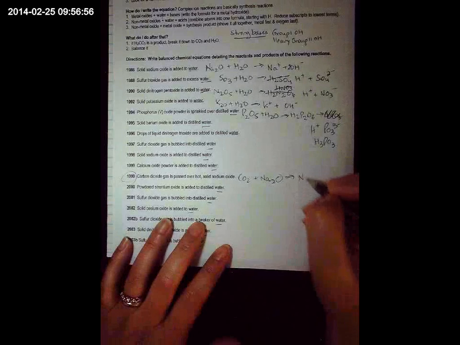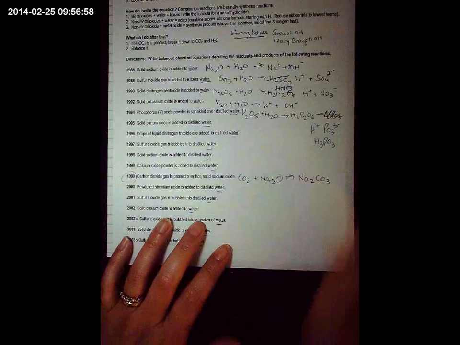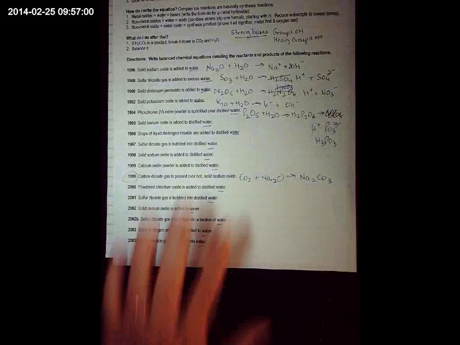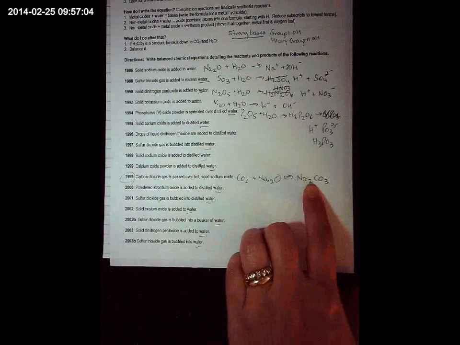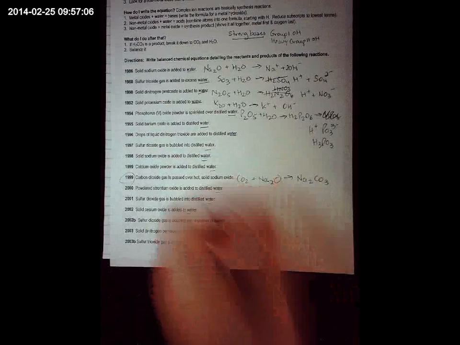Would we end up with sodium carbonate? Is sodium 1 plus and carbonate 2 minus? What would the subscripts be if you did that? Would it be that? Look, you see this formula right here? All I did is I just shoved all the letters together. I put sodium first, oxygen last, and I added up the oxygens. I clustered them together.